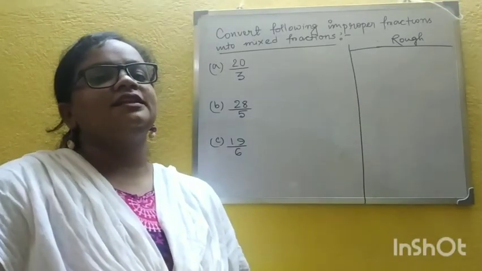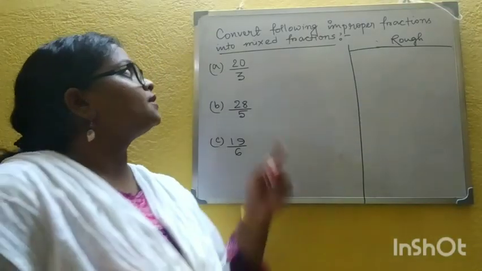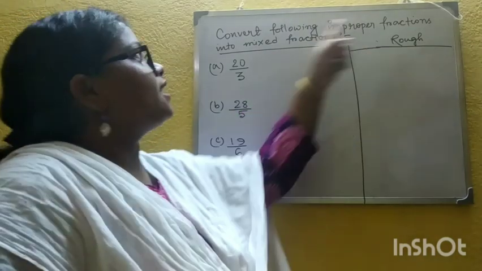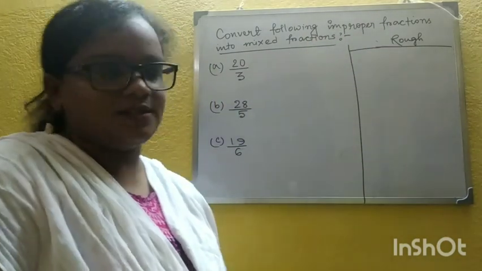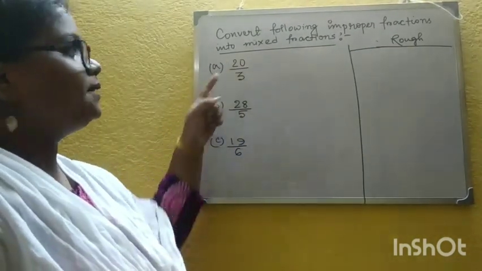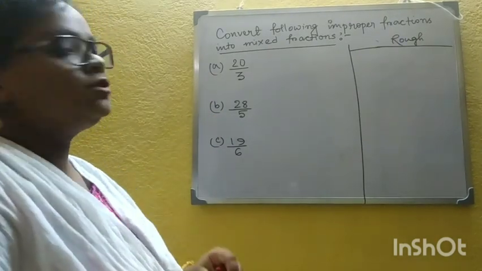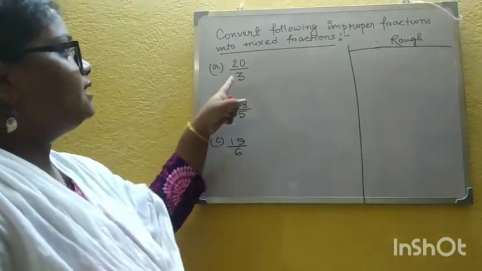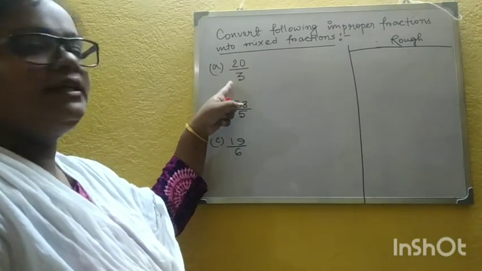Now students, let's do some examples. Convert the following improper fractions into mixed fractions. The first one is 20/3. What should we do? We will divide the numerator by the denominator.